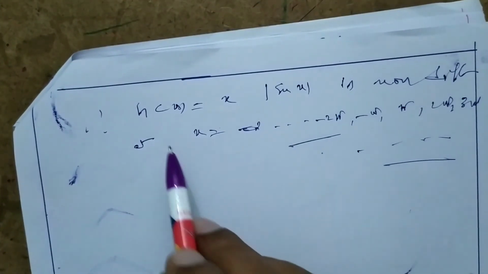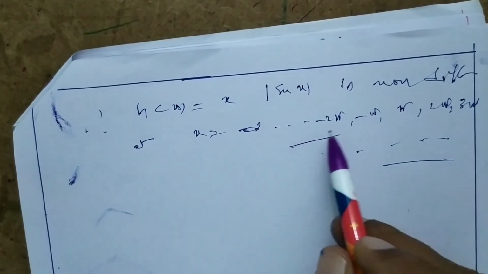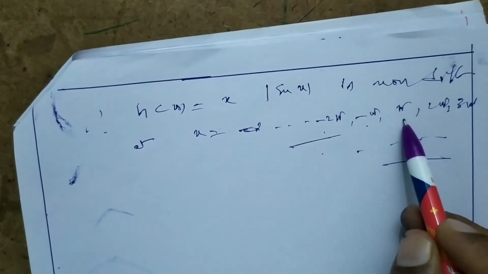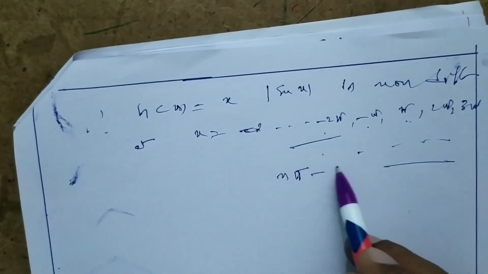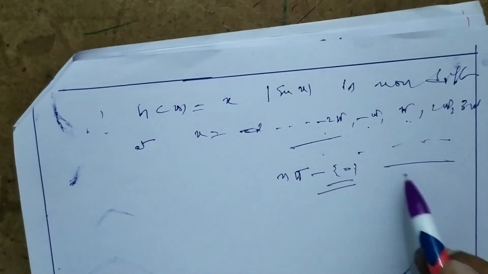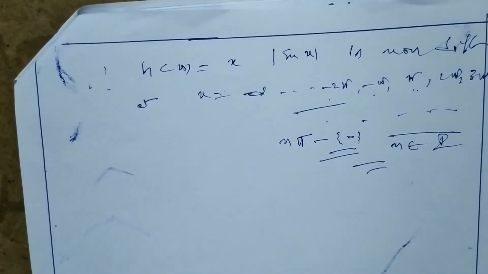So n pi such that n should not be equal to 0. Okay, so at all these points it is not differentiable, means h of x is not differentiable at x is equal to minus 2 pi, minus pi, plus pi and so on, that is n pi, n not equal to 0. At all these points, n belongs to I, the function is not differentiable.